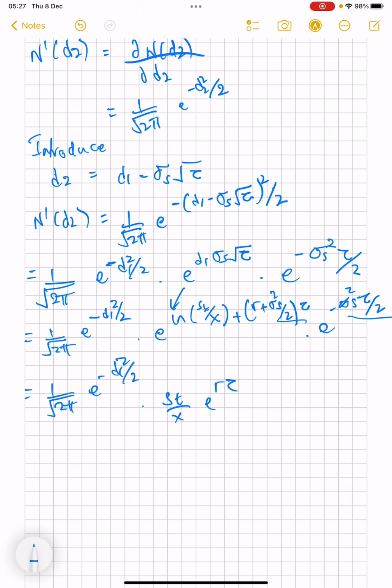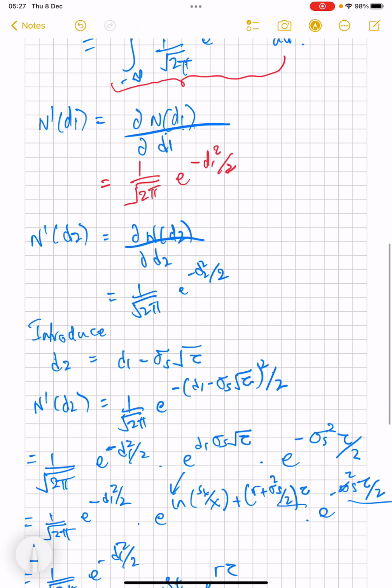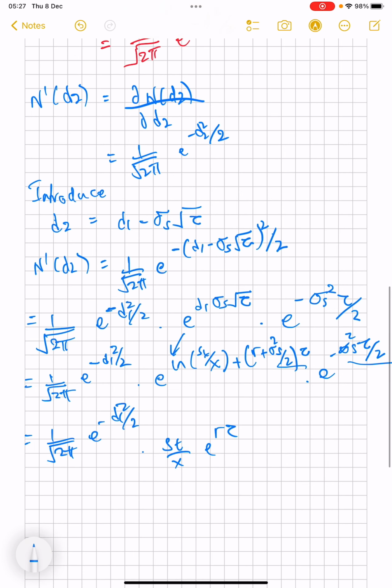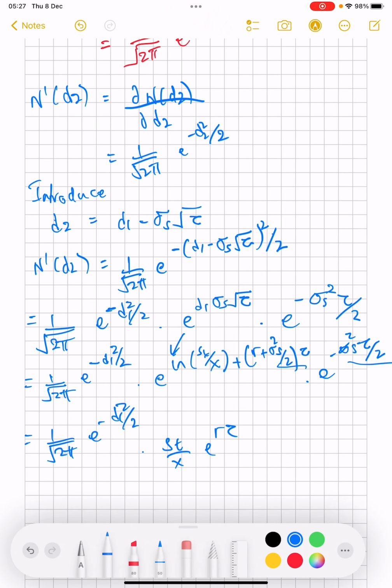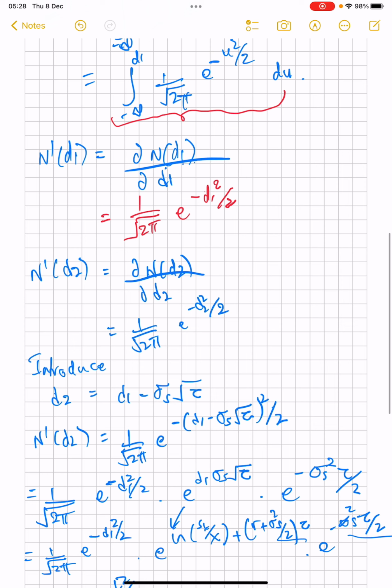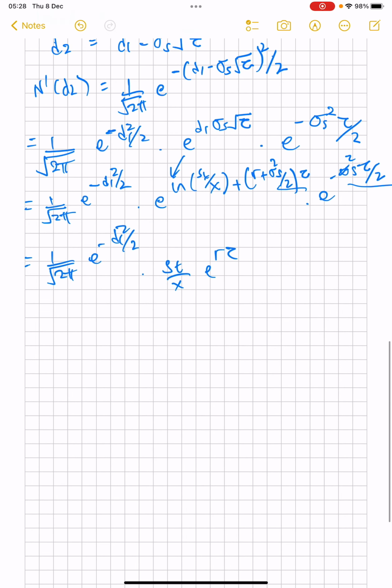Okay, so we're going to use this formula for deriving Greeks. So I'm just going to rewrite it in red because this is going to be used throughout the derivation of Greeks.